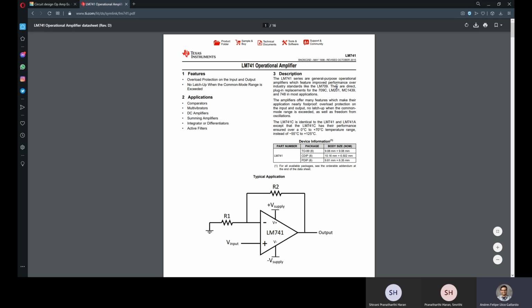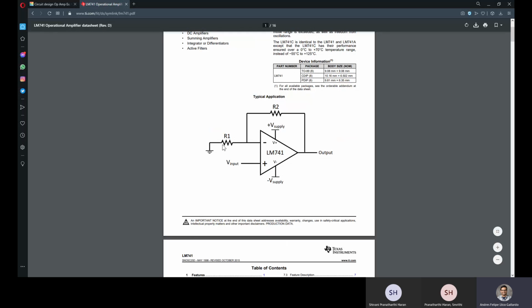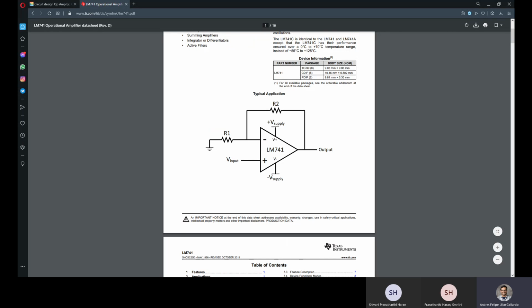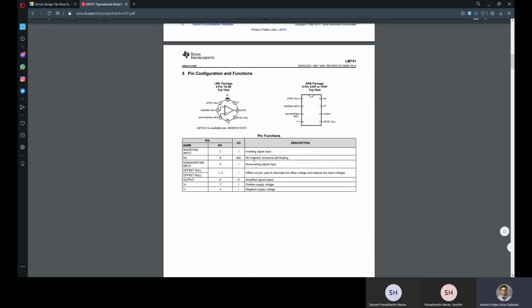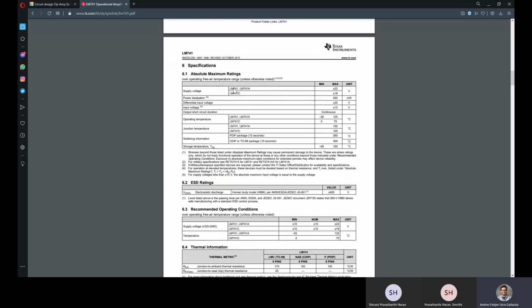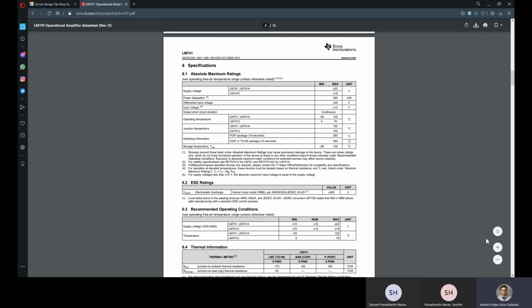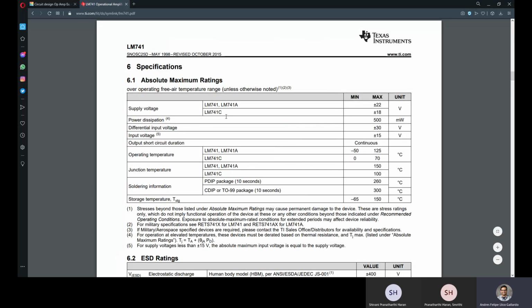There's going to be a short description of what it is, and the typical application configuration. This is the one I was showing you. And what you want to find is here. This is what is really important and relevant for your application. Let me zoom in a little bit.